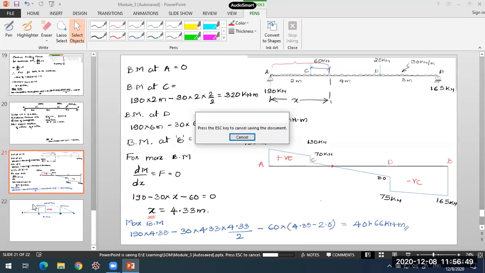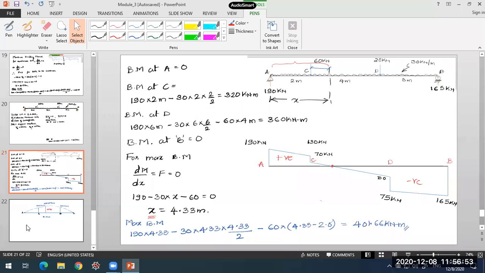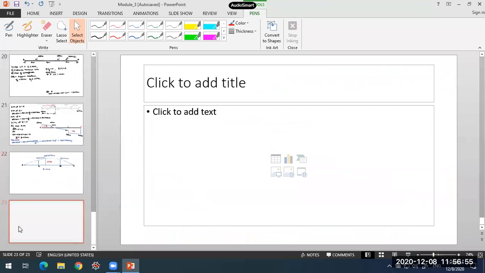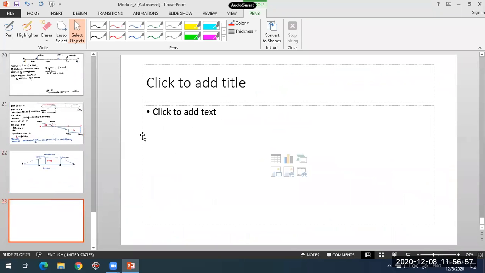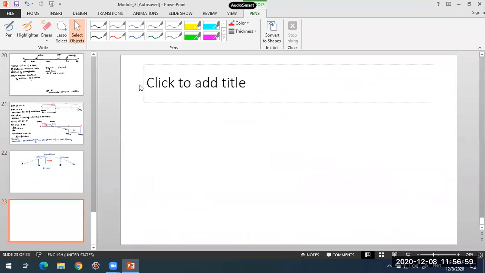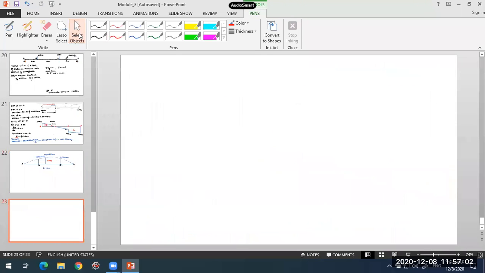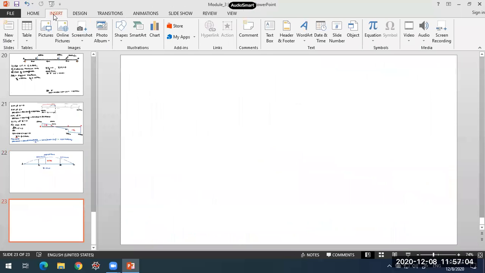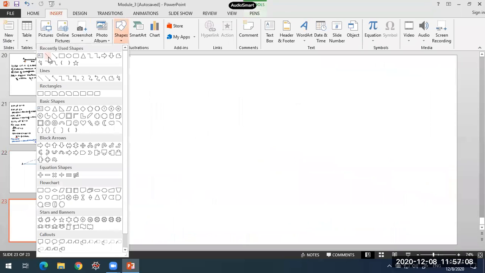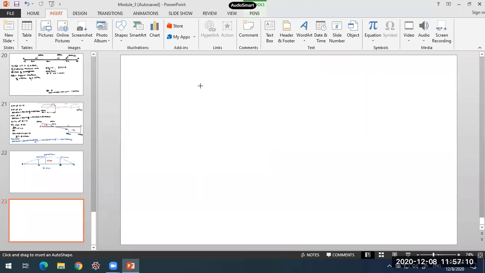Any difficulty in this part? We are almost about to end this third module. If you have any difficulty, any repetition is required, please tell me.